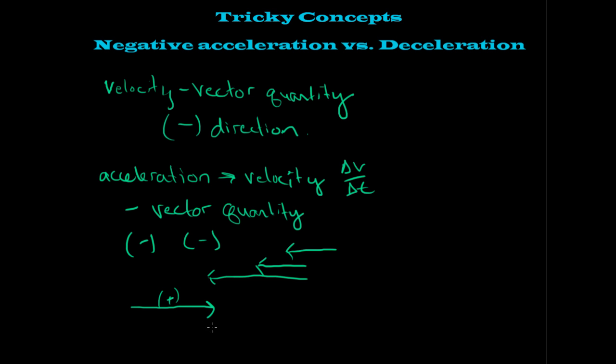Let's say the acceleration is negative. Well, now you have a force, or in a sense, something pushing back at it. So the object is slowing down in this case. And the same is true if the object is going to the left and the acceleration is positive. The object is slowing down.